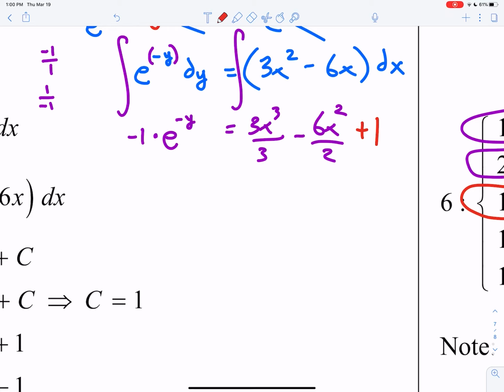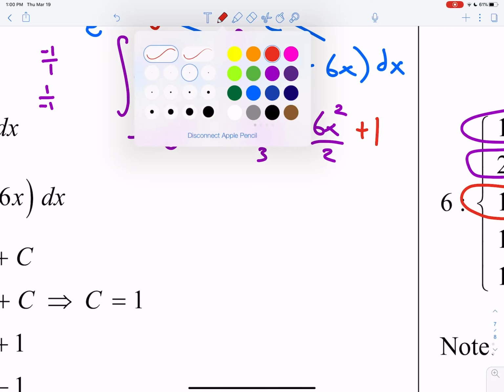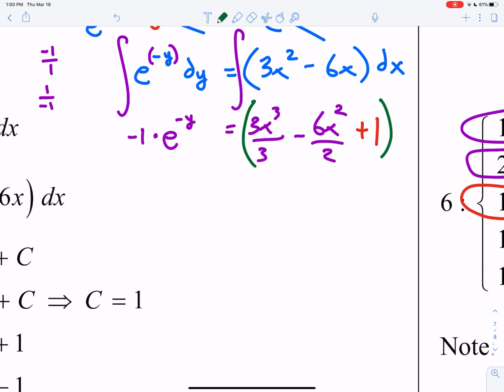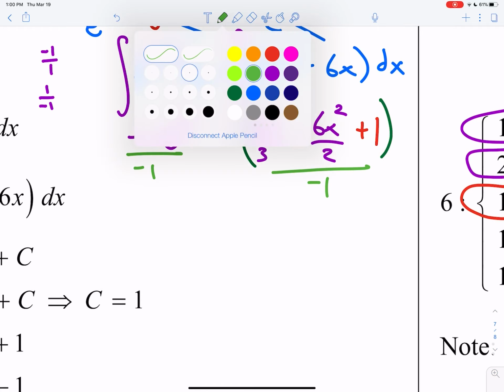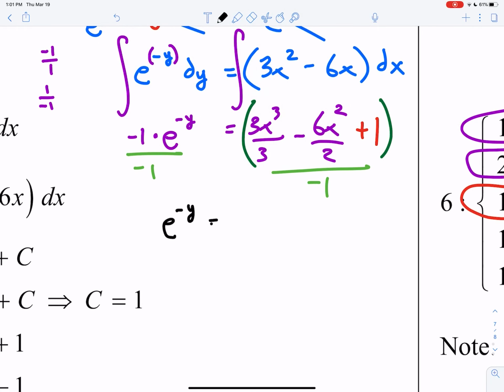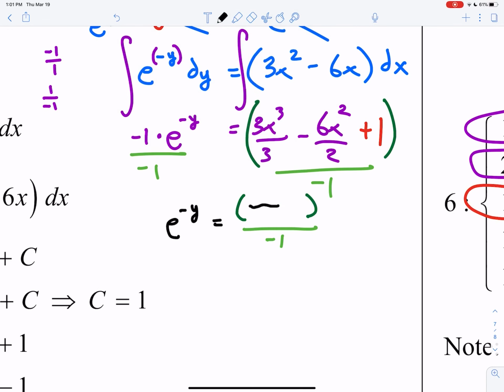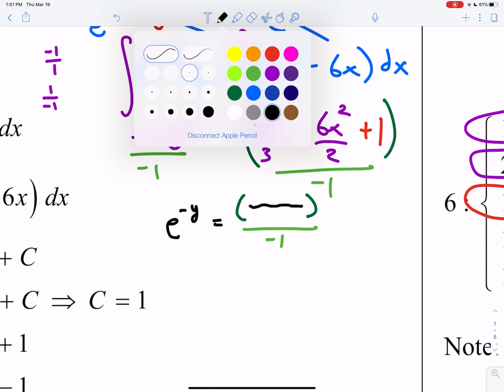The last step, remember, we separate, we integrate, and then we isolate. You're just getting y by itself. This is where it gets a little bit messy. So I'm going to group this entire thing, but I'm not going to write everything out. I'm going to divide by a negative 1. So all I have left is e to the negative y equals blah over the negative 1. Everything inside that green stuff, I'm just going to write there. Now remember, my only goal is to get y by itself.